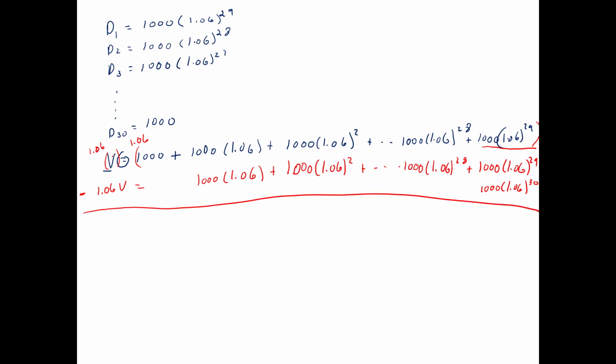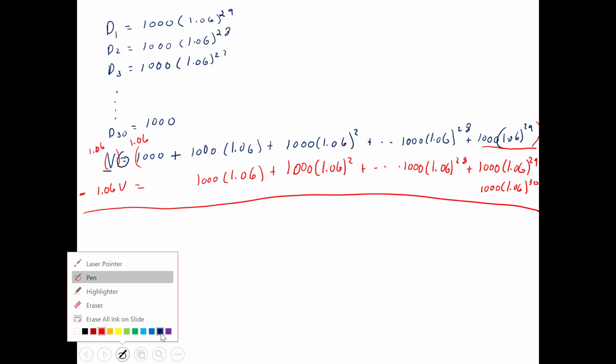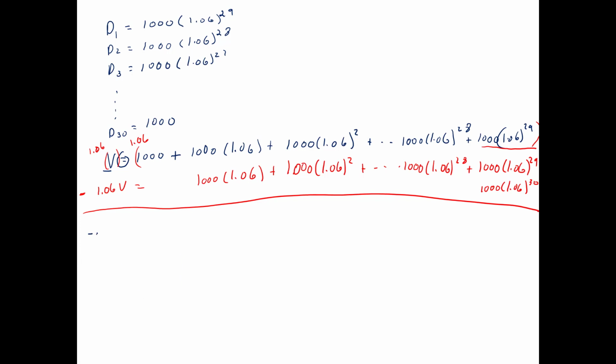On the left, what I have is V minus 1.06 V, which is going to make negative 0.06 V. Now on the right, I'm going to subtract vertically. 1,000 minus nothing is still 1,000. 1,000 times 1.06 minus 1,000 times 1.06, those go away.